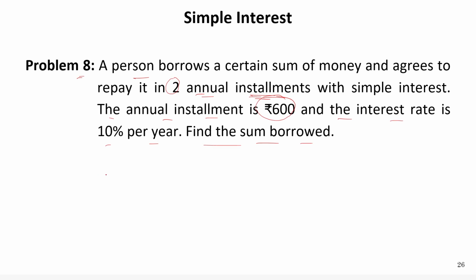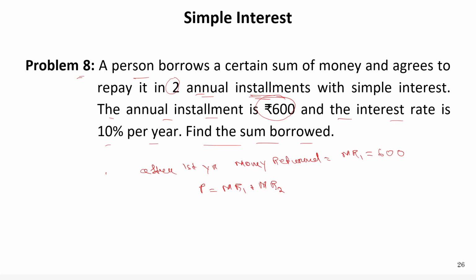So let the money returned after the first year be MR1. MR1 is equal to what? 600, right? So P is equal to what? P is equal to MR1 plus MR2. MR2 is what?